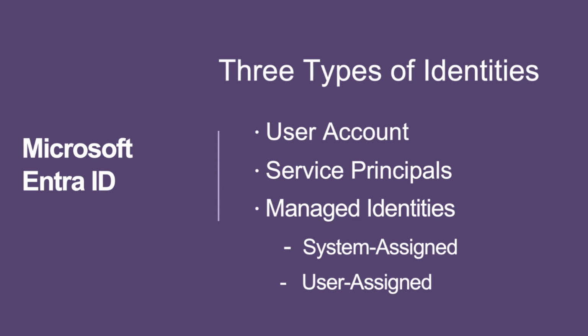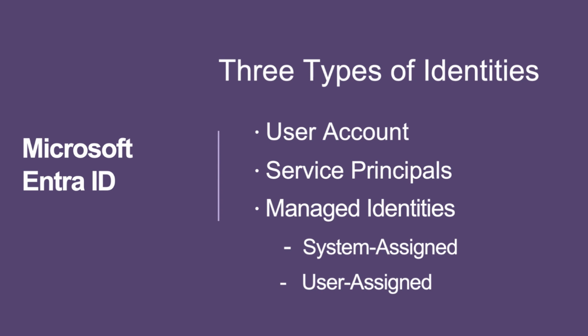I did that in a previous video where I showed you how to set up your Office in Microsoft Outlook from your WordPress site. You were basically setting up and managing your email on your WordPress site, and you had to get a service key to get all that set up. And then the last one is managed identities.